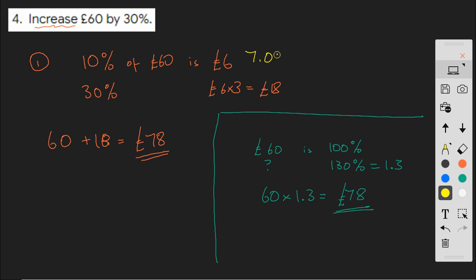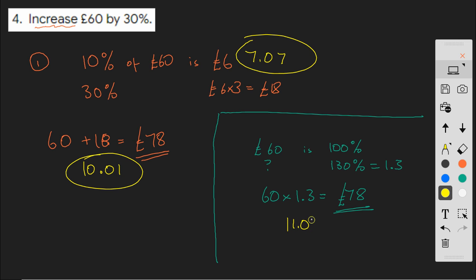Calculating 10%, nugget we're after is 7.07. Doing these percentage increases like this, 10.01. If we want to have a look at doing them as a multiplier, nugget 11.03.